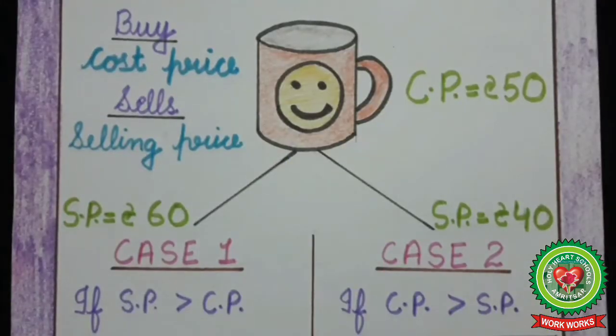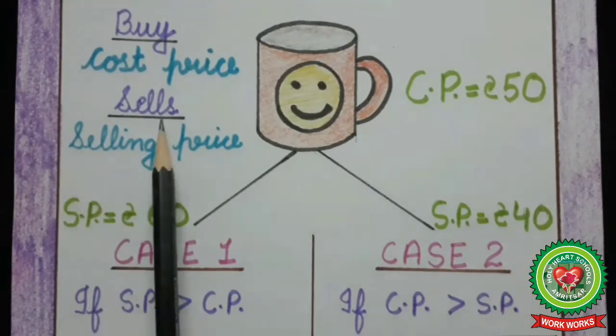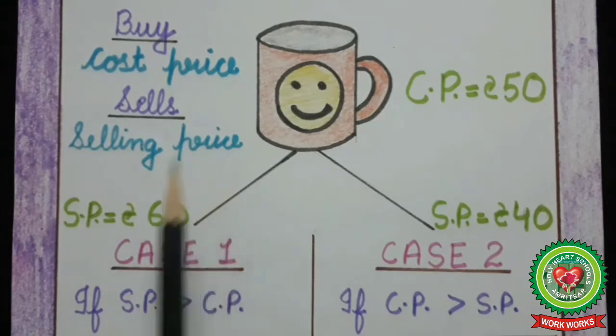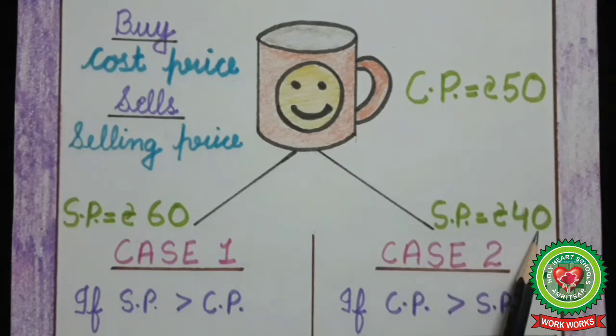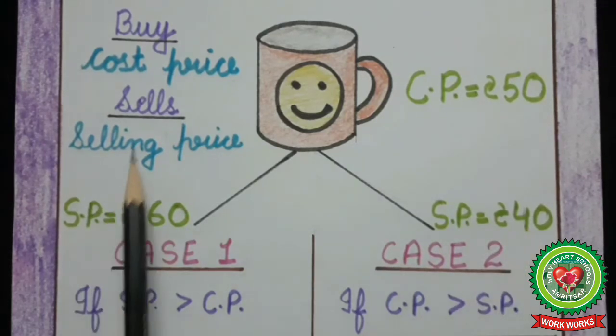Let us suppose the shopkeeper either sells this mug at the price of rupees 60 or at the price of rupees 40. Sales means selling price. So either SP is equal to rupees 60 or SP is equal to rupees 40. SP is the short form for the selling price.